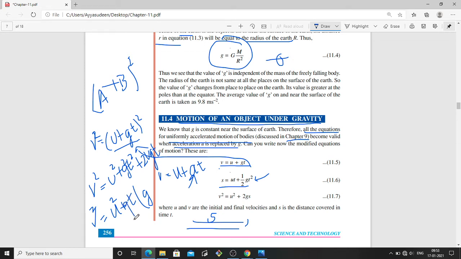So gt will be there plus 2u will be there. Wait a minute. I think there is a mistake here. Let me check the equation. Maybe I'm wrong here. Let me erase it and explain once again.